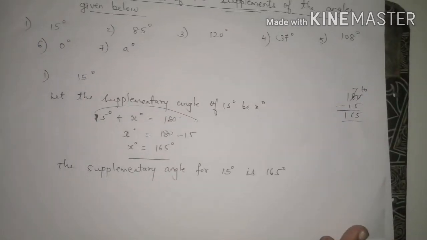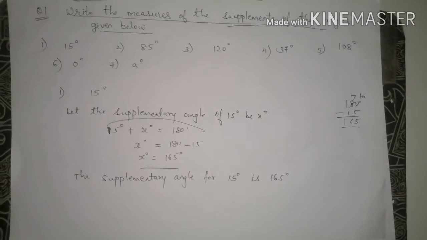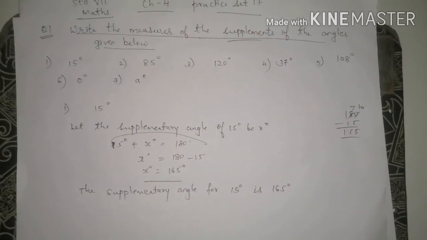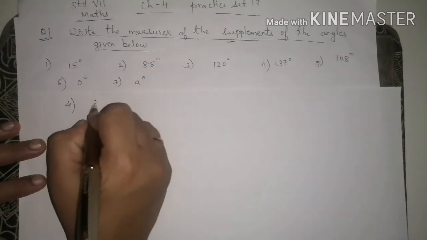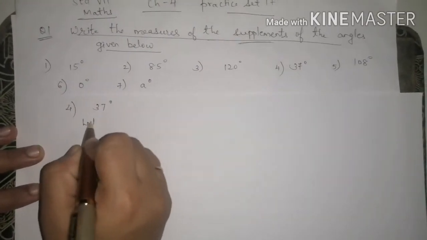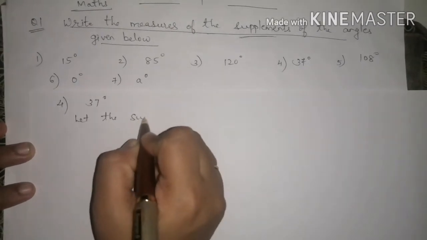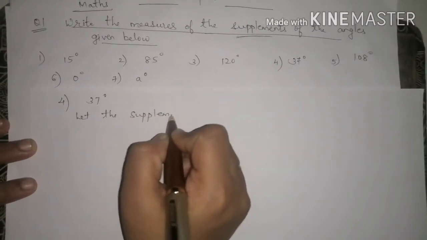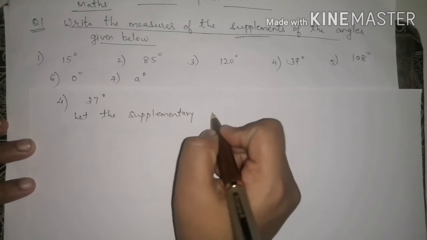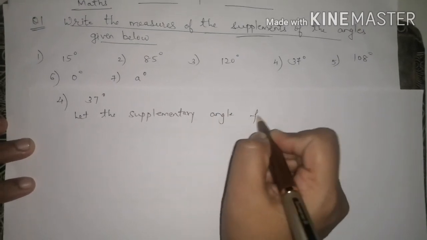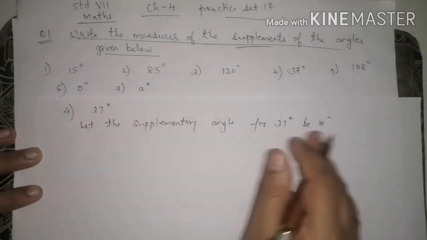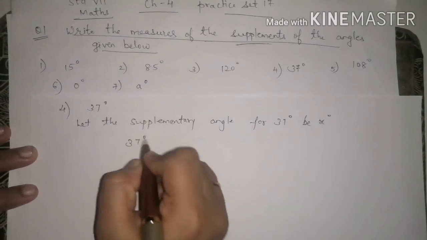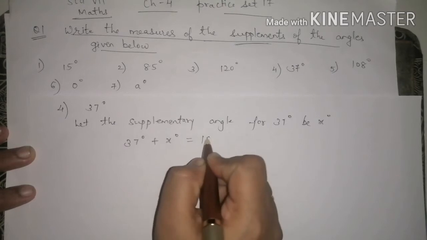Now let's move to the fourth one, 37 degrees. Again write the same steps. Let the supplementary angle for 37 degrees be x degrees. So add this: 37 degrees plus x degrees is equal to 180 degrees.